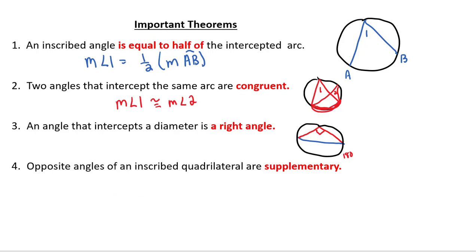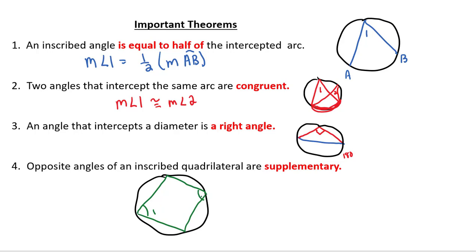And then lastly, that's a better circle. So if I have a quadrilateral inscribed in our circle, the opposite angles are going to be supplementary.